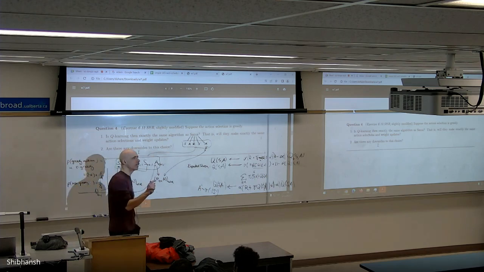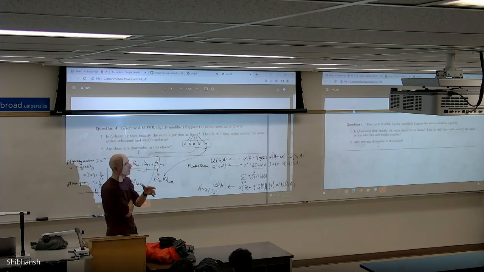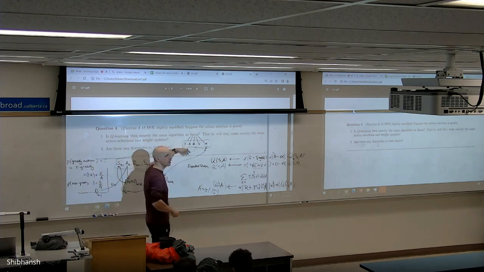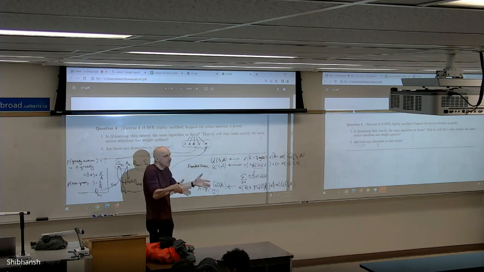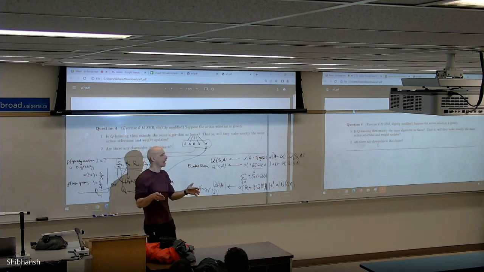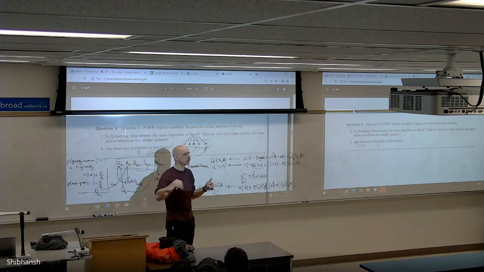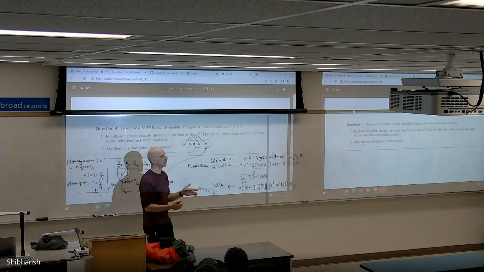You could imagine someone saying, I have greedy action selection, but greedy with respect to what? It's not really specified. It's meant implicitly that in the case of Q-learning it's the current Q values, and in the case of SARSA, it's again the current Q values. But you could have someone fix some Q values, generate the data in a greedy fashion with respect to those Q values, and then process it with either SARSA or Q-learning, and you would get the exact same results.